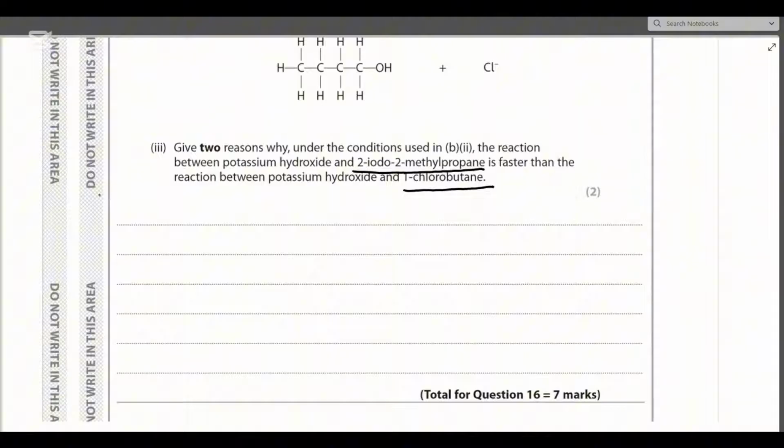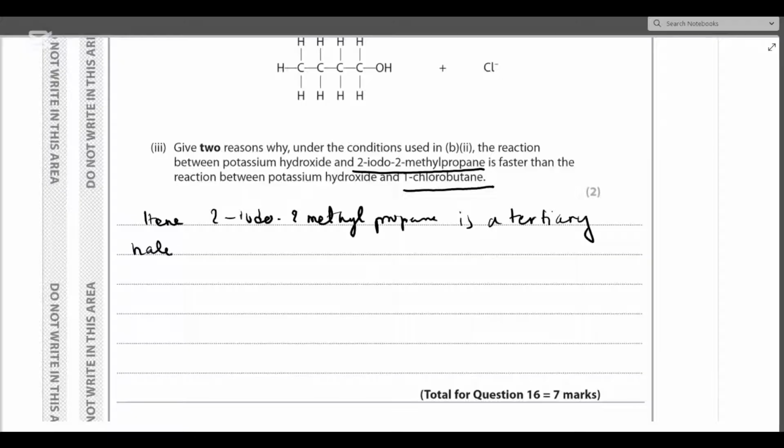So we can write it down that 2-iodo-2-methylpropane is a tertiary halogenoalkane, while 1-chlorobutane is a primary one.